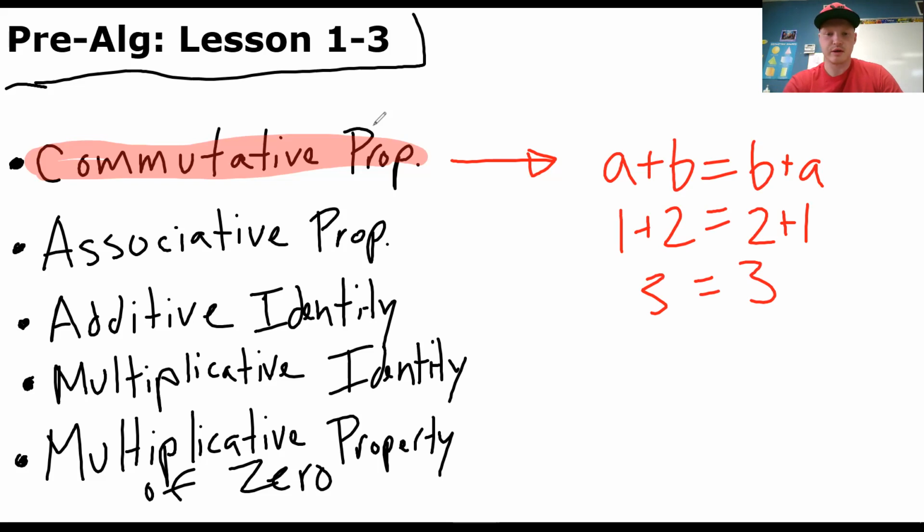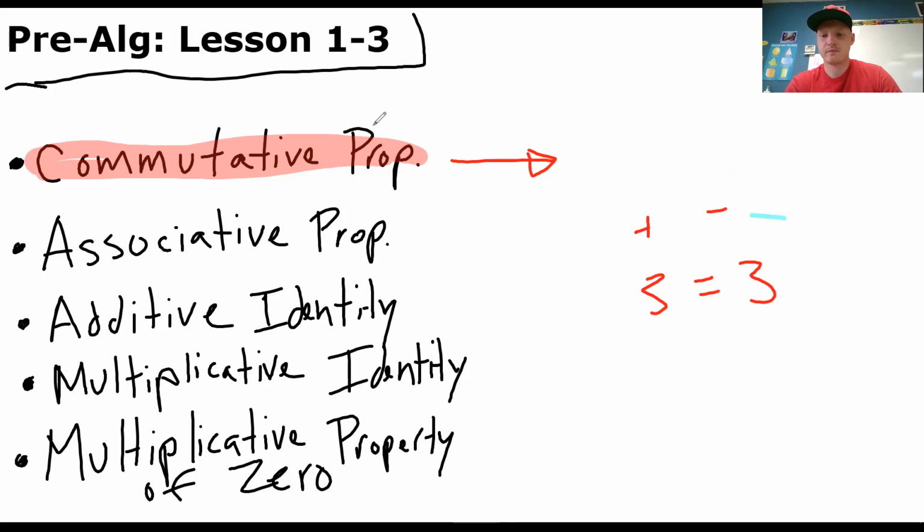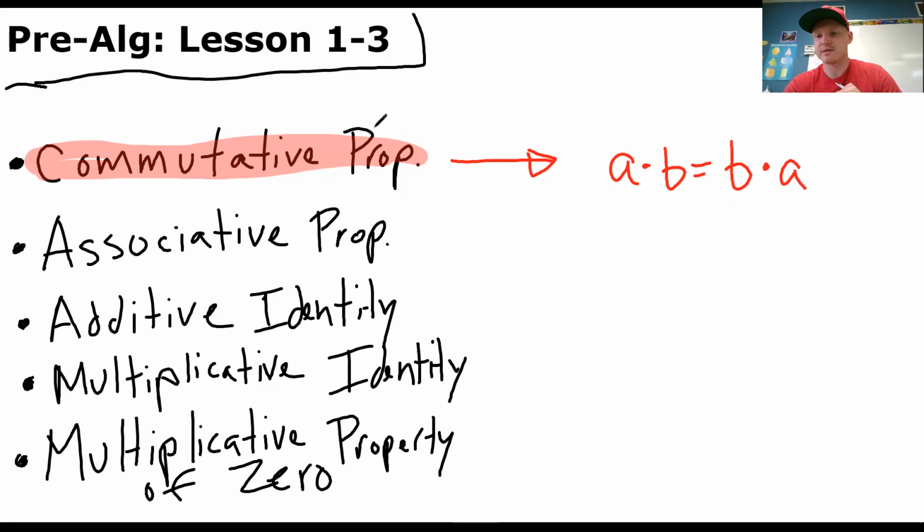Not subtraction, but multiplication. So the commutative property of multiplication: we're going to have a times b equals b times a. It's the same type of deal here.